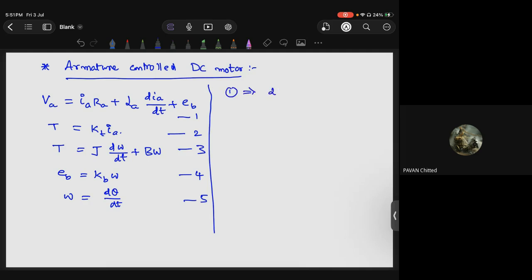Take the Laplace transform. What do we get? VA of S equals IA of S RA plus LA S IA of S, taking the initial condition as 0, plus EB of S, the back EMF.